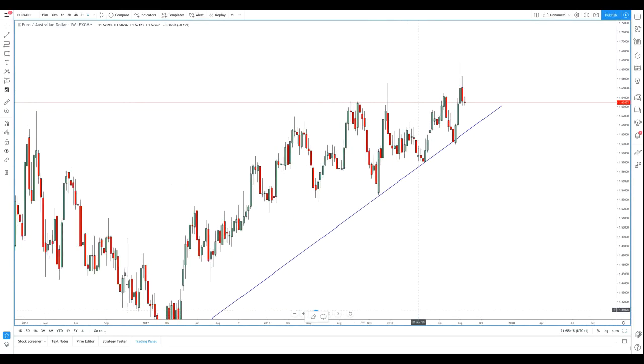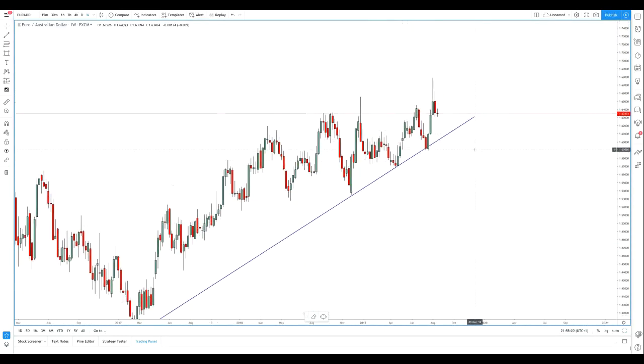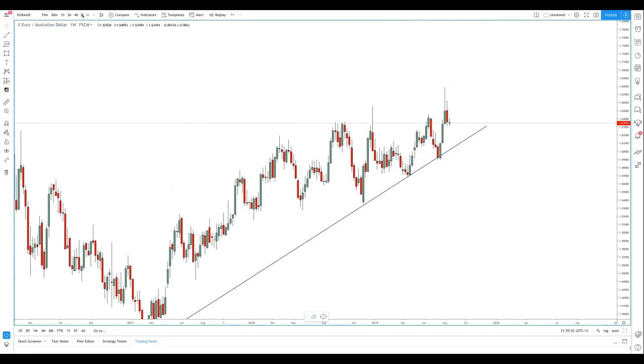Now I'll go into it in a little bit more detail on the other trend lines, but just while we're here, this is one of the very good tools and strategies to use to get a very good entry, or a sniper entry, around the trend lines. So around the trend lines is where the trend changes. You can see we're coming down here and we change direction and we push off.